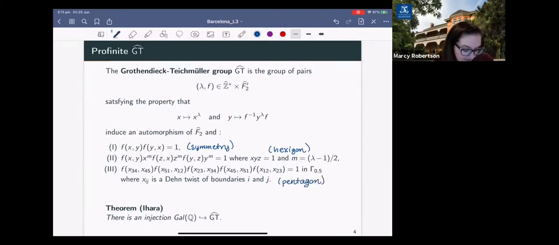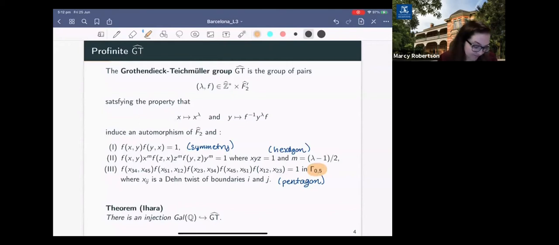And when I write hexagon and pentagon, I really mean the same hexagon and pentagon equations from braided monoidal categories. In particular, the third one is given slightly differently because I want to be talking about it today as something that's happening in a mapping class group. And we'll be coming back to that more.